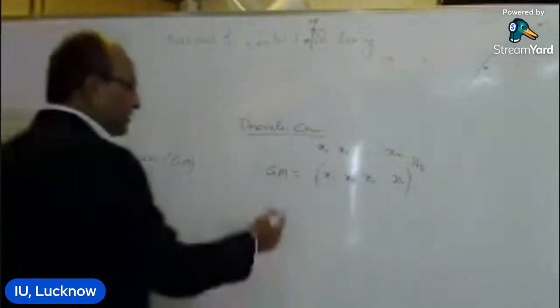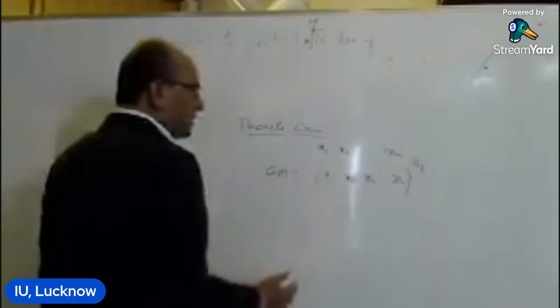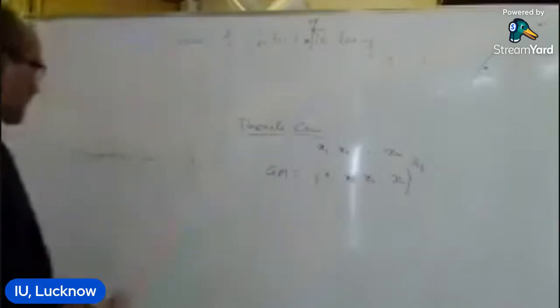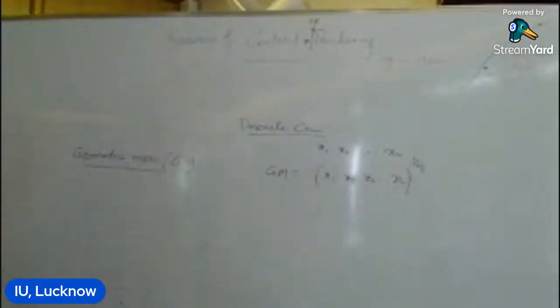In geometric mean you cannot use any negative value or zero value.